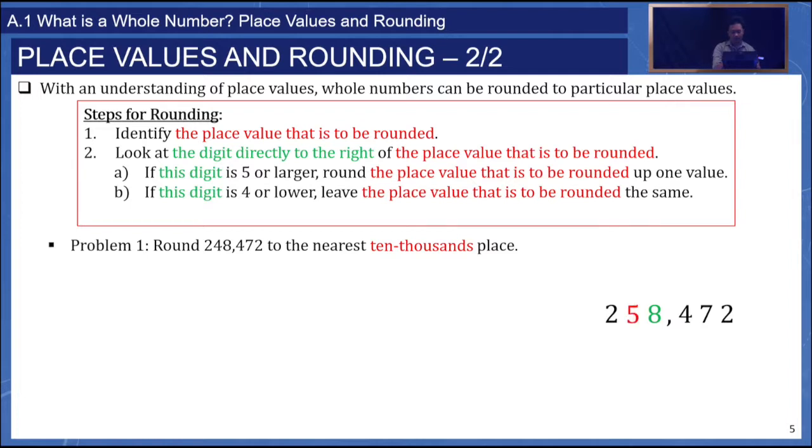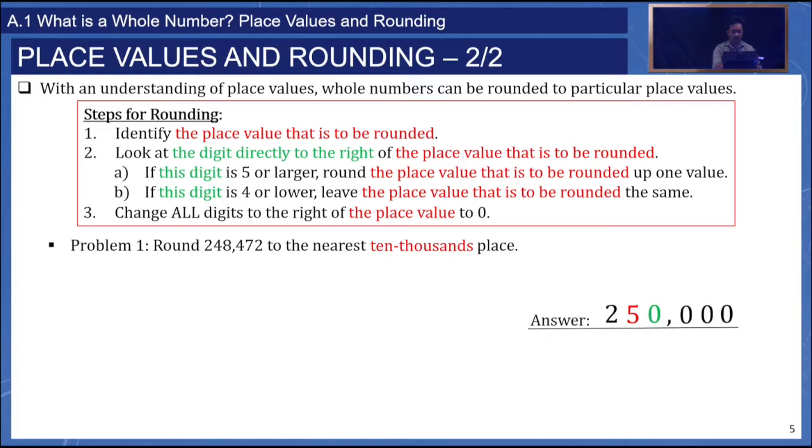So 4 becomes 5, and then you just have one more step, which is to change all digits to the right of the number you identified to 0. So you're going to change the 8 to 0, you're going to change the 4, 7, everything to 0. And that's your answer. So 248,472 rounded to the nearest 10,000ths place is 250,000. 2, 5, and then 4 zeros after that. Okay, so that's problem 1.